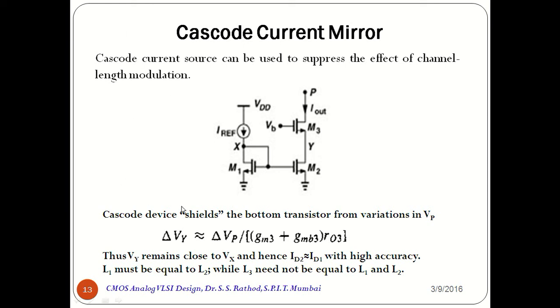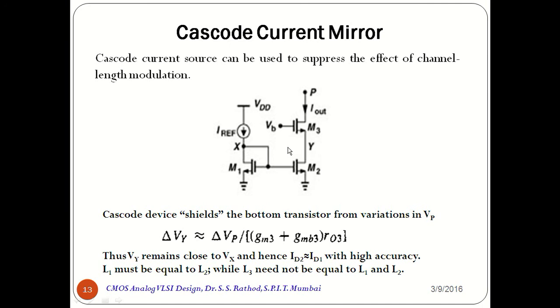Cascode device shields the bottom transistors from variations in Vp, which we have already studied in single stage cascode amplifiers. That is, there is a shielding property of a cascode device. Cascode device shields the bottom transistors from the variations in the Vp. So if there are variations in the node Vp, then it will not affect much the potential at Vy.